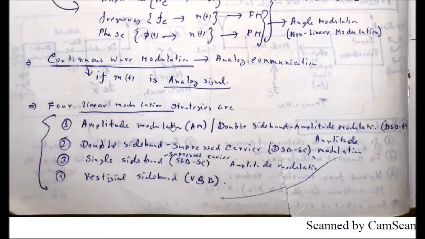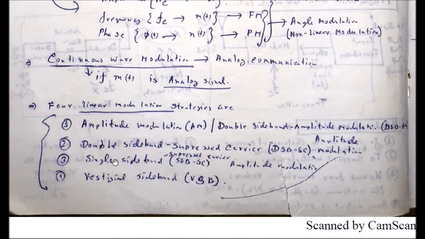Generally, amplitude modulation, the first one, DSB-AM, can be used for public radio broadcasting because it is the simplest form and requires a very low cost receiver for receiving this kind of amplitude modulated waveform.